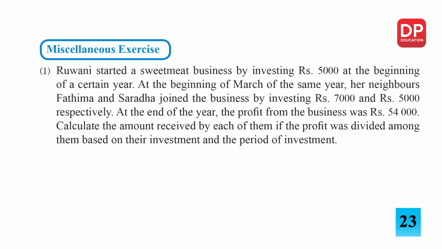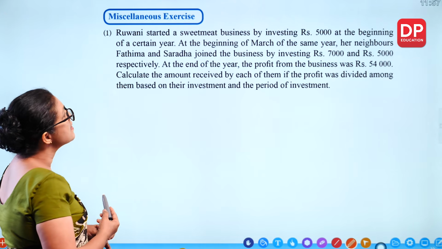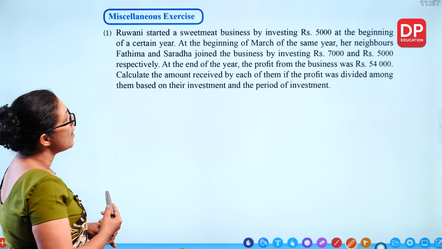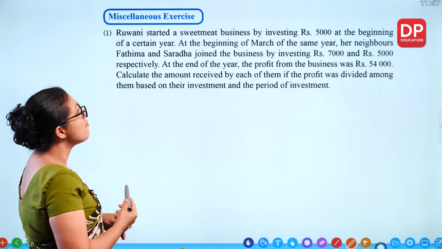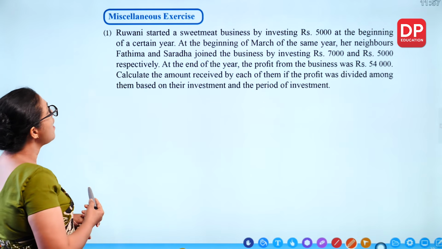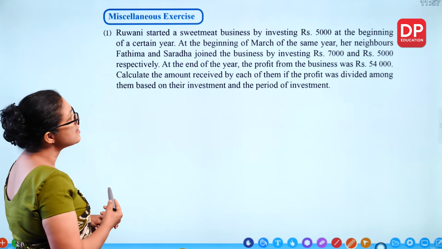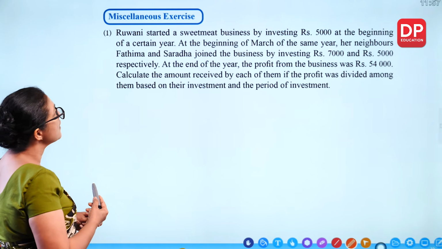Miscellaneous exercise. Question number 1. Ruwani started a sweet meat business by investing 5,000 rupees at the beginning of a certain year. At the beginning of March of the same year, her neighbors Fatima and Sarada joined the business by investing 7,000 and 5,000 rupees respectively.